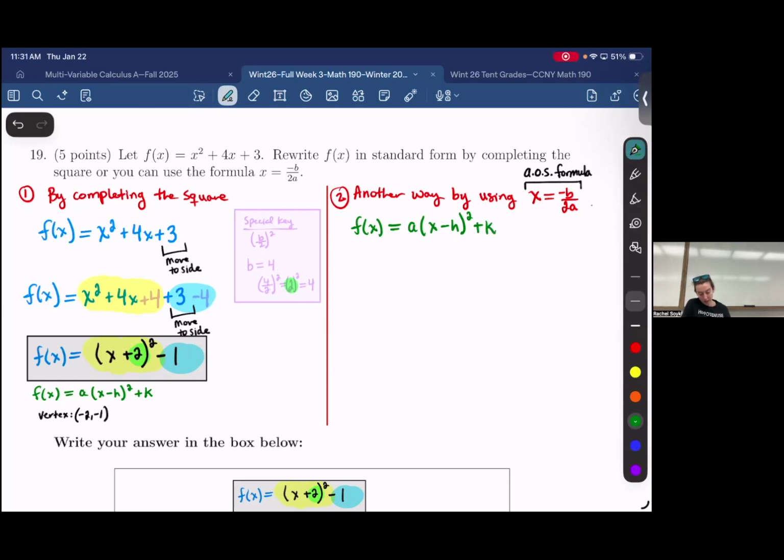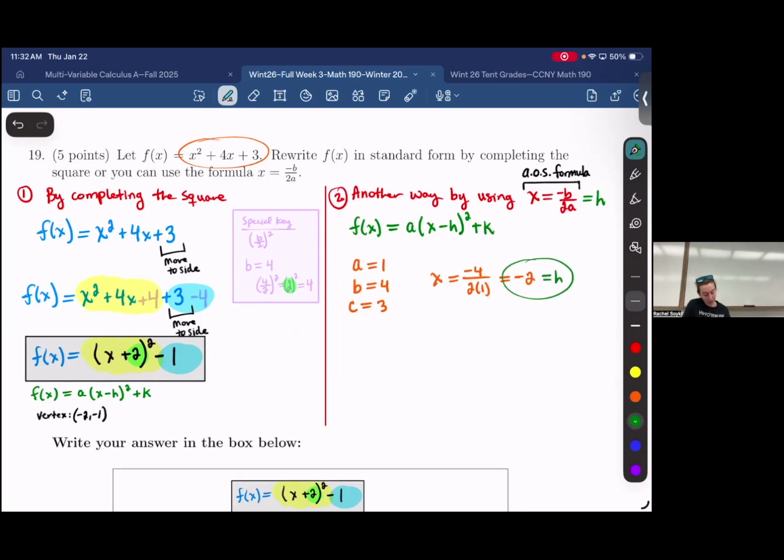And this axis of symmetry is really just our h value. So if we identify our a, b, and c from our question, our a is 1, our b is 4, our c is 3. Axis of symmetry tells us we're looking at -4 over 2 times 1, which is -2. This is our h value.